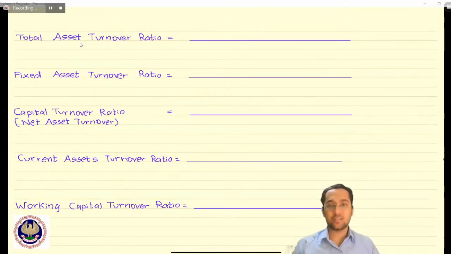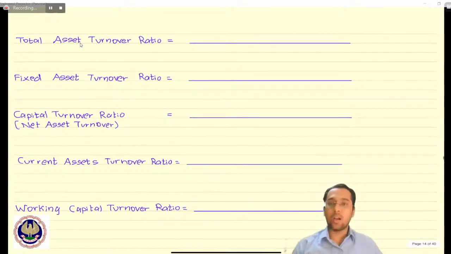It can be COGS. Right? So let's come to the first ratio, which is the total asset turnover ratio. When we talk about the total asset turnover ratio, it means we want to know how effectively we are utilizing our assets for generating sales.